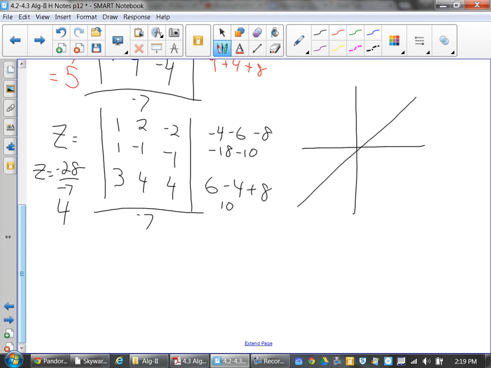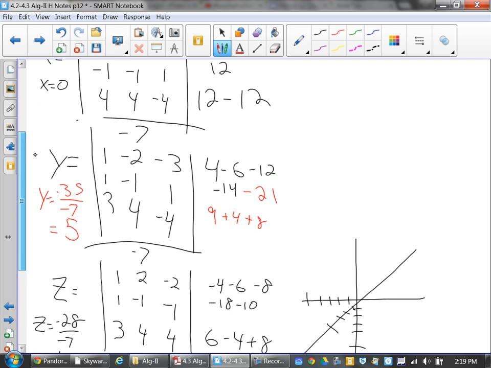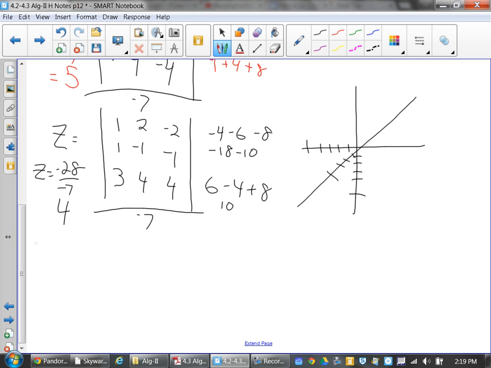Your X values are here, your Y values are here, and your Z values are here. So you're at 4 on the Z, 5 on the Y, and 0. So you're at 0, 5, and then 4.